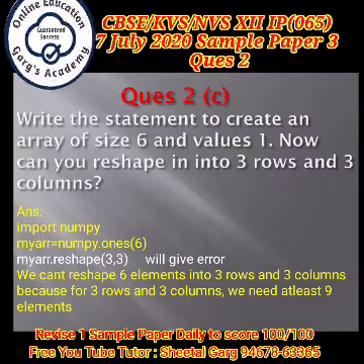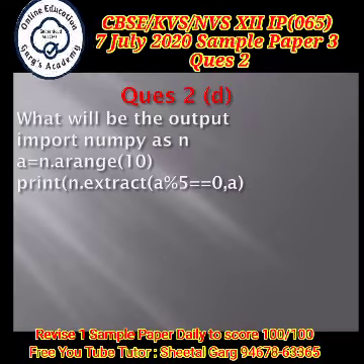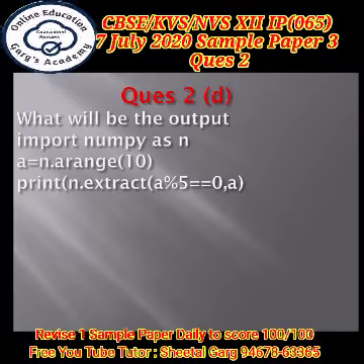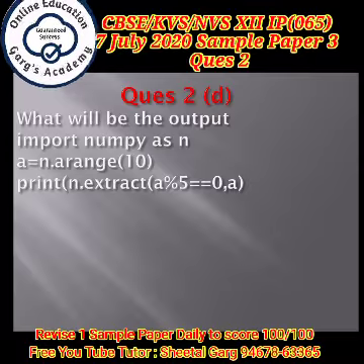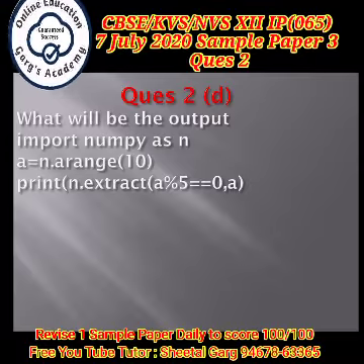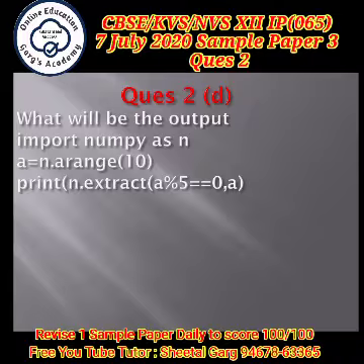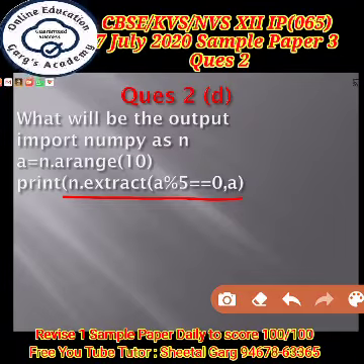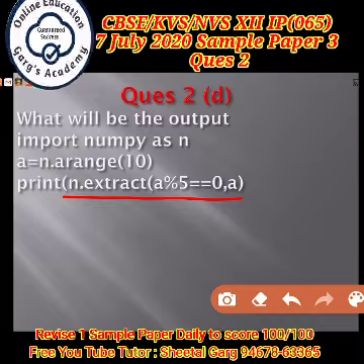Next question. Question 2, D part. What will be the output? import numpy as n, a equal to n.arange(10), print n.extract(a mod 5 equal to 0, a). So students, it is the function to extract the elements fulfilling the given condition from the array.